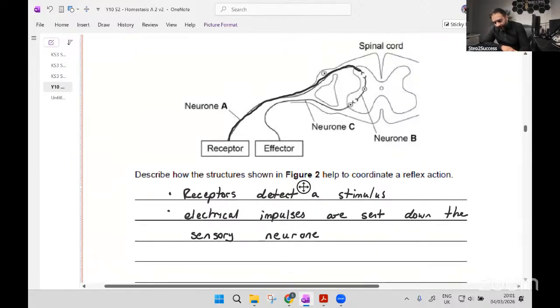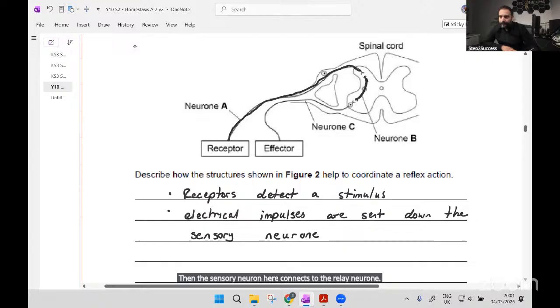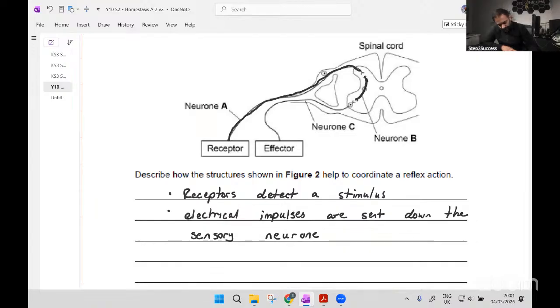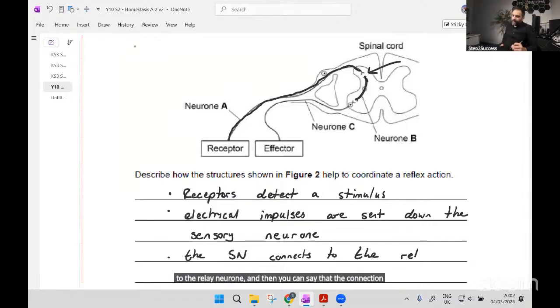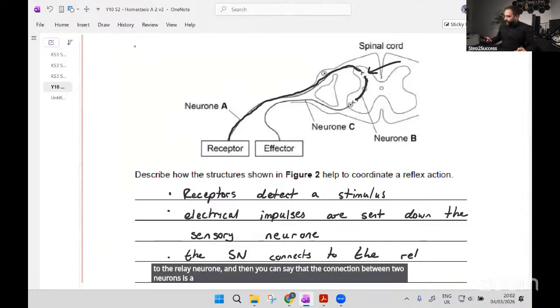Then the sensory neuron here connects to the relay neuron. And then you can say that the connection between two neurons is a synapse.